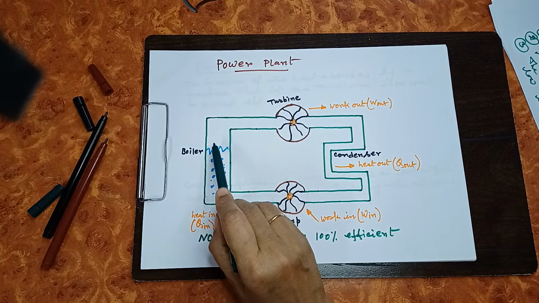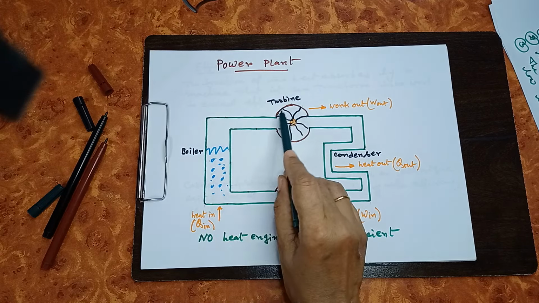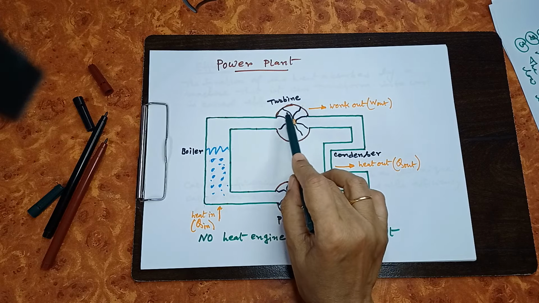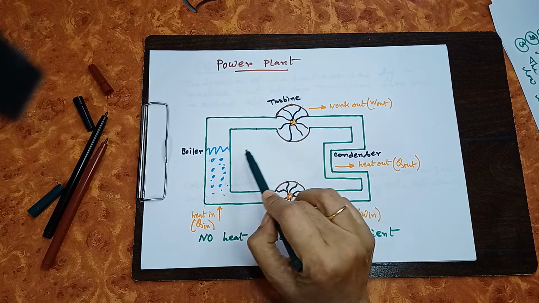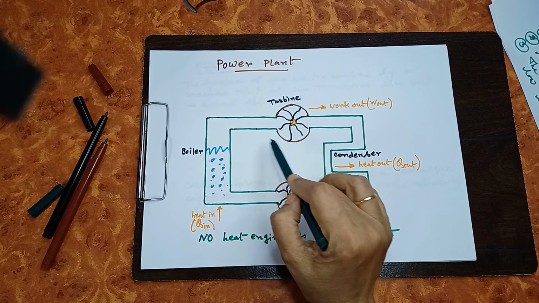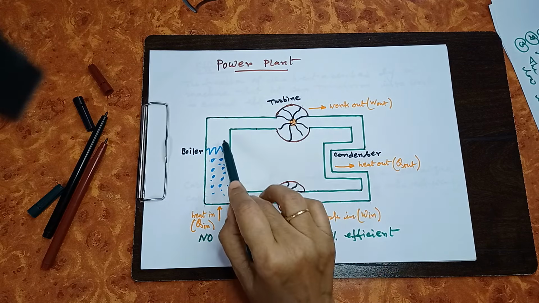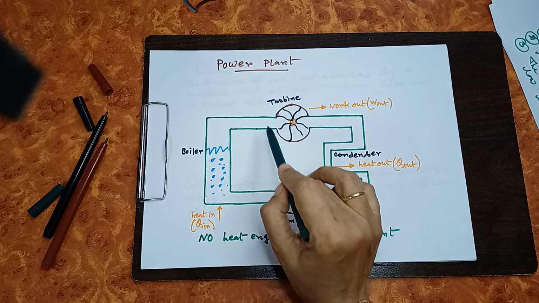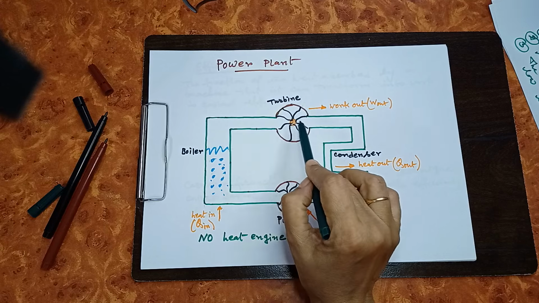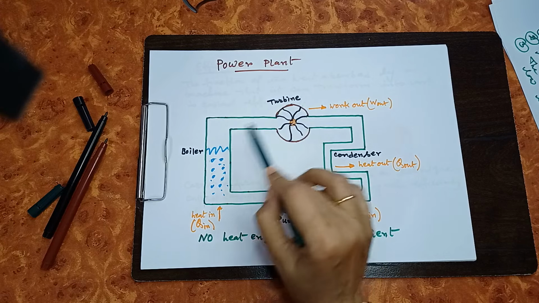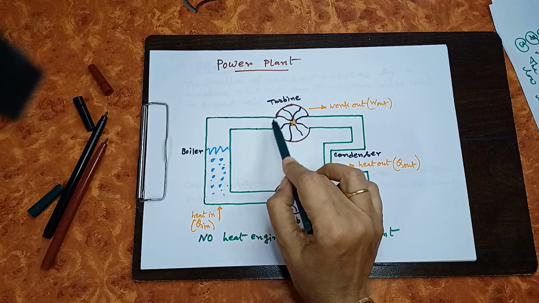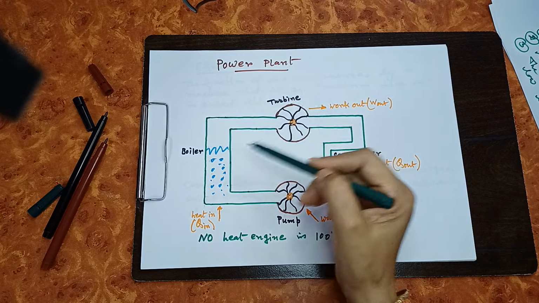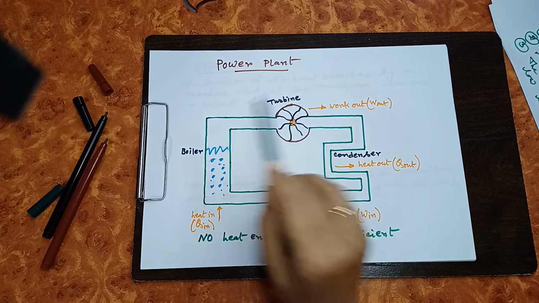Then the steam flows to the turbine, where it leads to the formation of mechanical work. Because it has absorbed heat, it rotates the turbine, and heat is converted to mechanical work, and from this mechanical energy you can produce other energy like electrical energy.